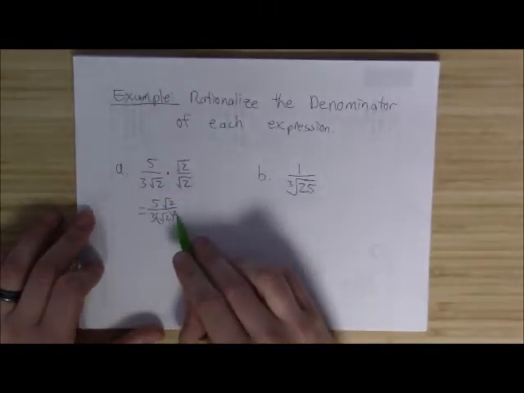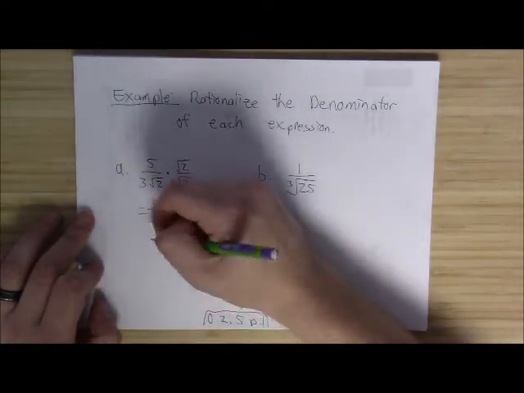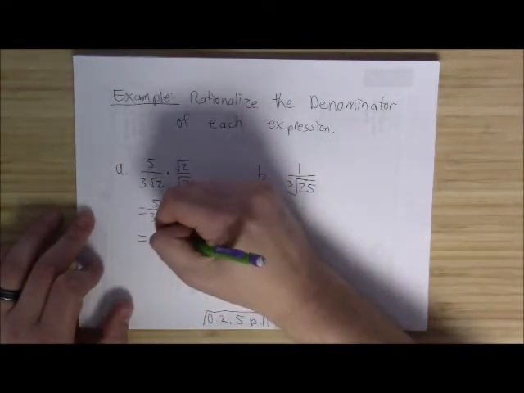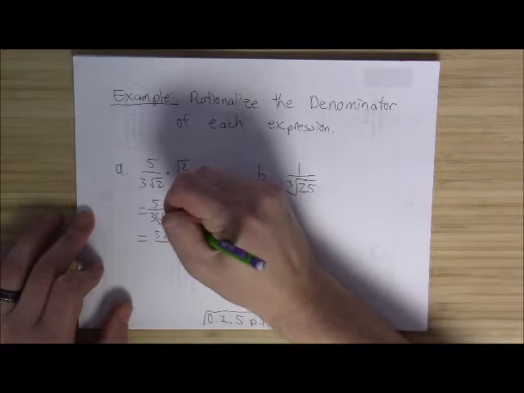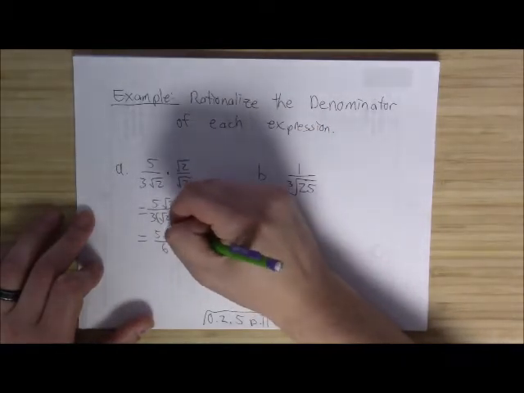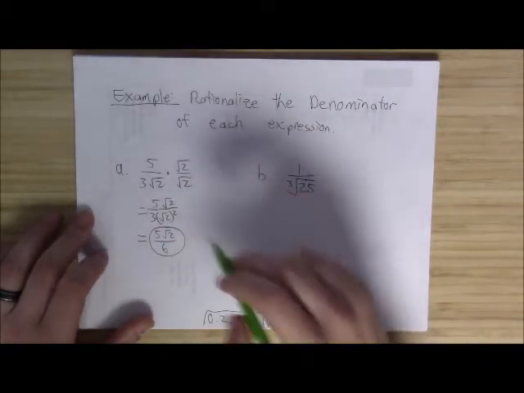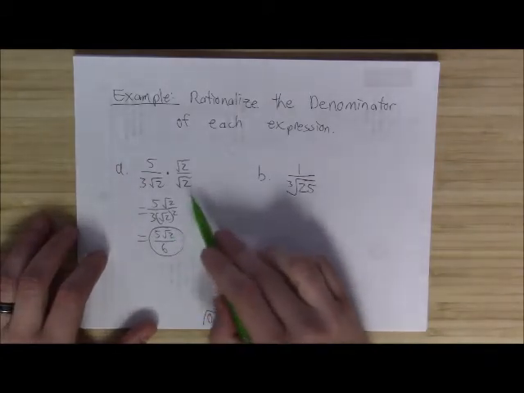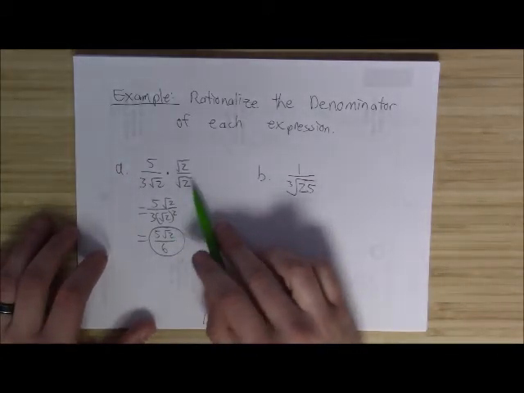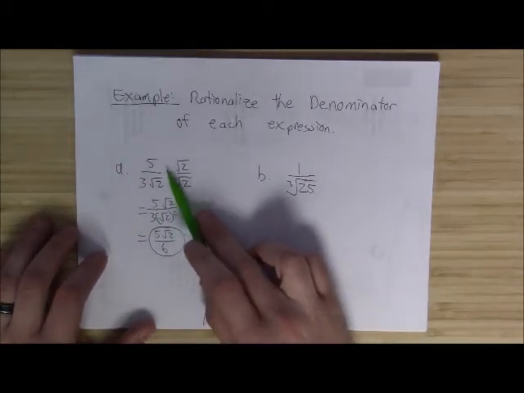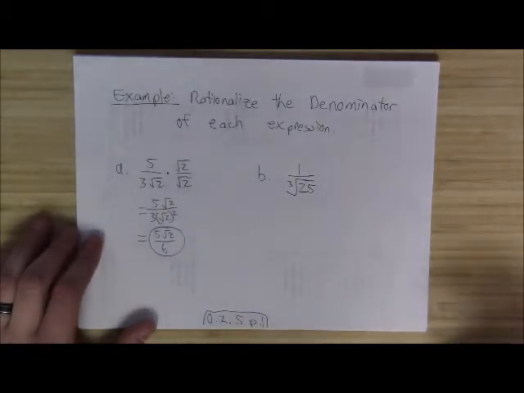The square root of 2 squared will cancel, and so we end up with 5 square root of 2 over 2 times 3, which is 6. Okay? So effectively, we were able to move the square root of 2 up to the top, leaving a 6 in the bottom.